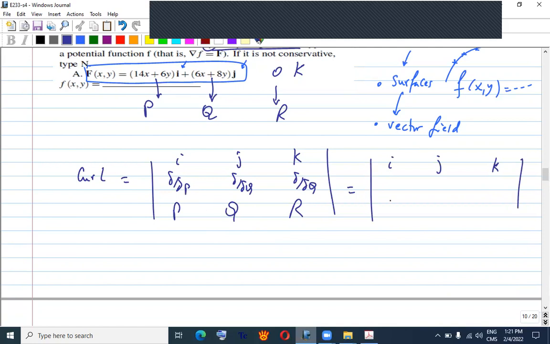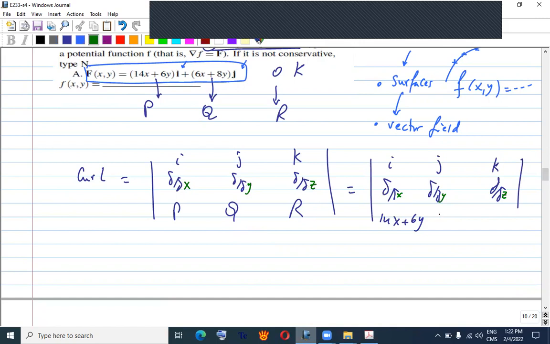So this is what you want to follow: PQR. How much is P? 14x plus 6y. You derive with respect to x, y, z.